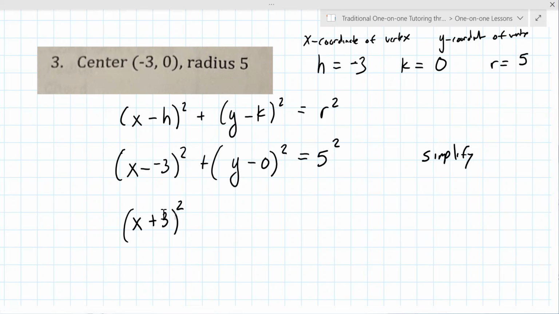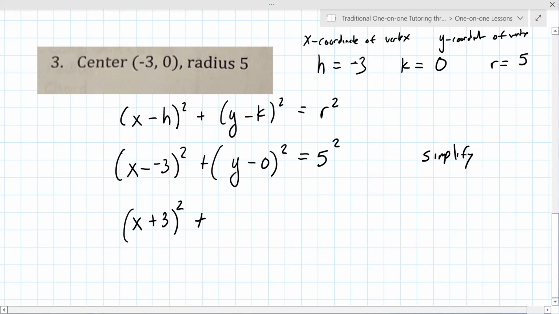All right, next part of this question. y minus 0, what does y minus 0 become? y plus 0.